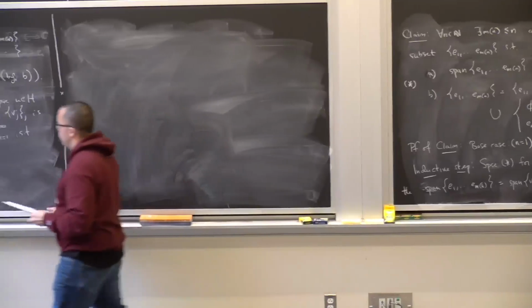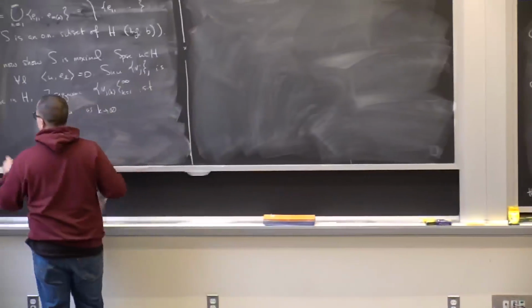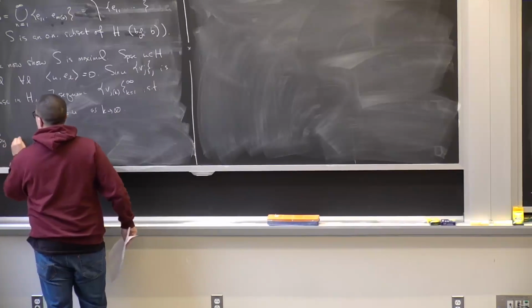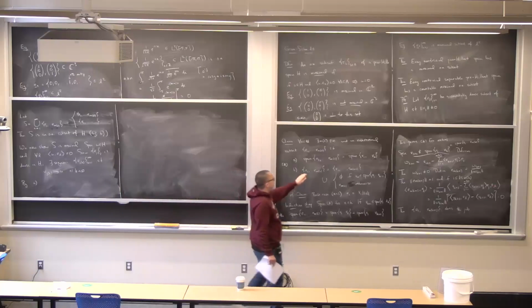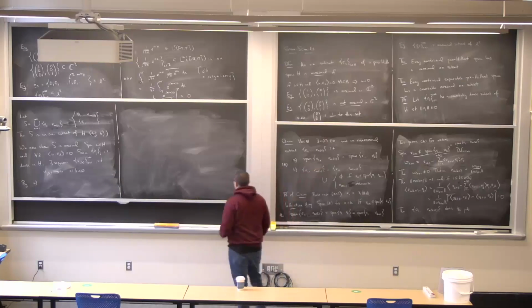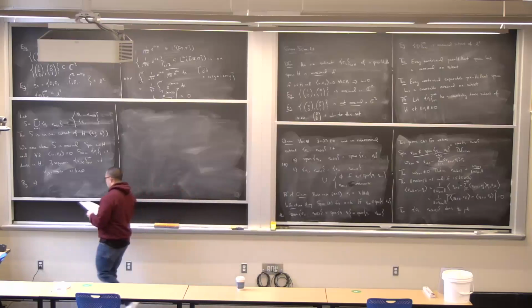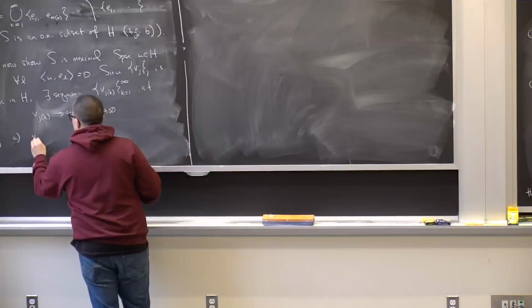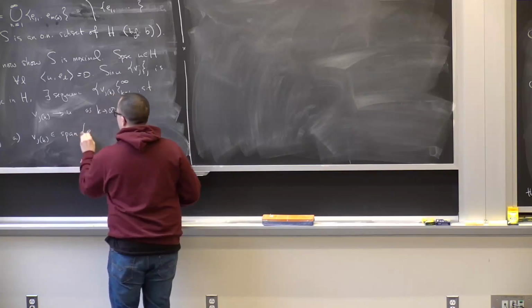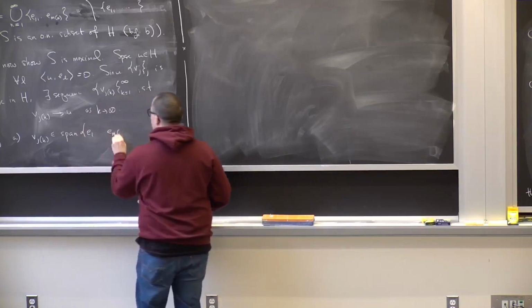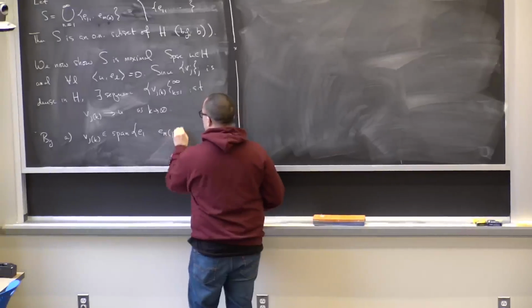Okay? Now, by property A, the fact that this span is equal to that span, v of j sub k is in the span of E1 up to E of m sub j sub k.